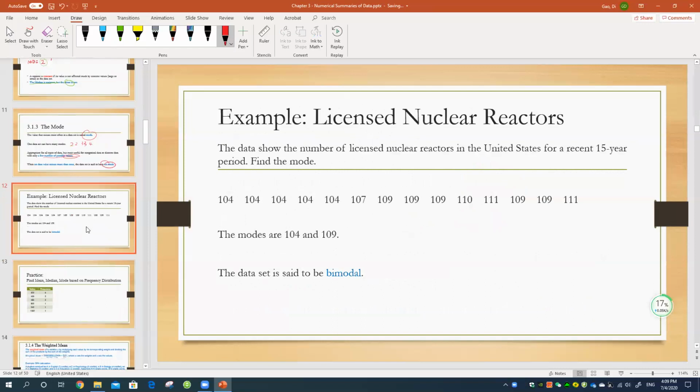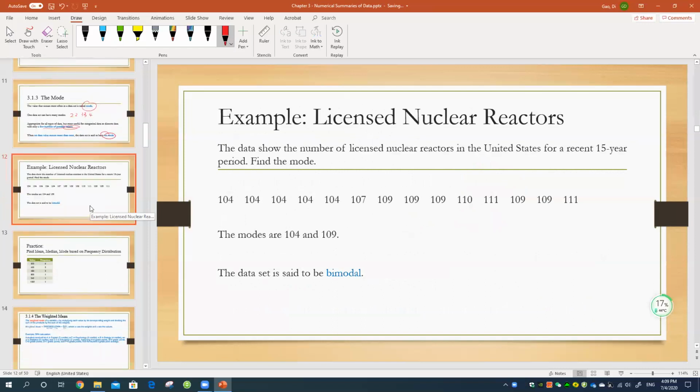Okay, now let's look at an example. Nuclear reactors. The data show the number of nuclear reactors in the United States for a recent 15-year period. And we want to find the mode. So we have a bunch of numbers, and the answer is 104 and 109 are the modes. Why?